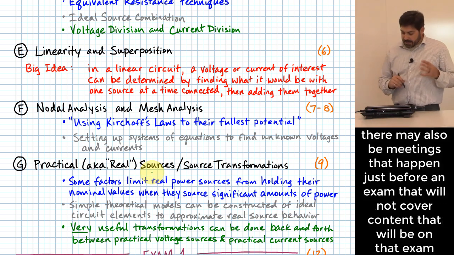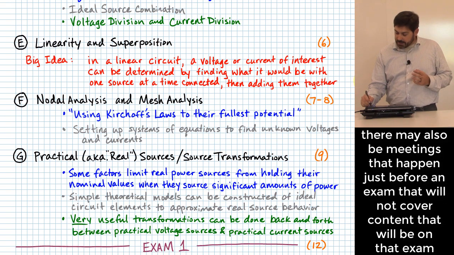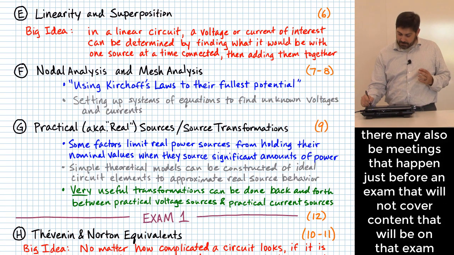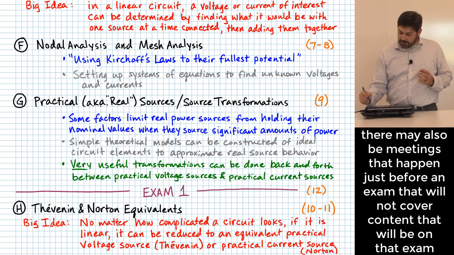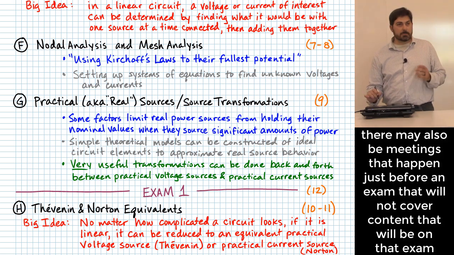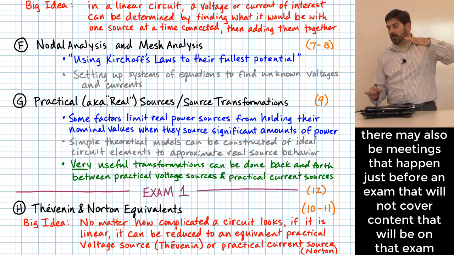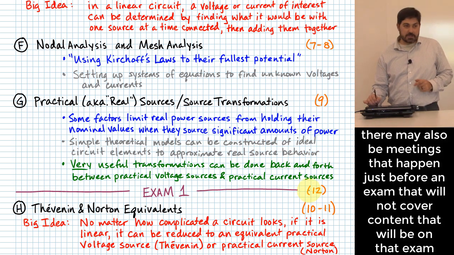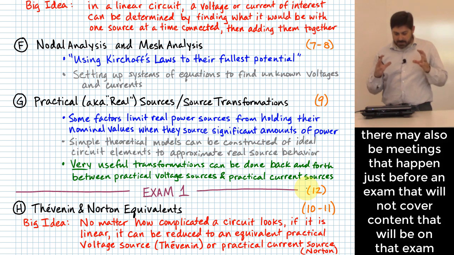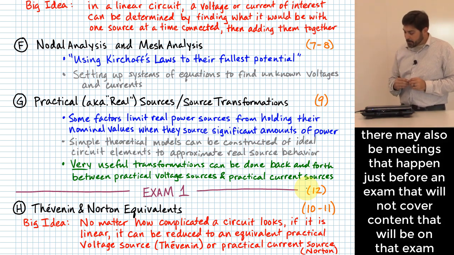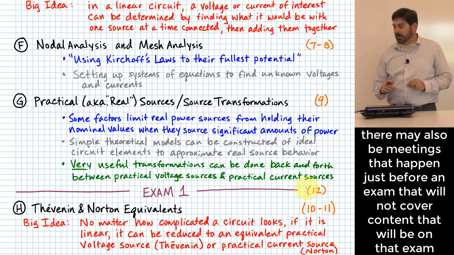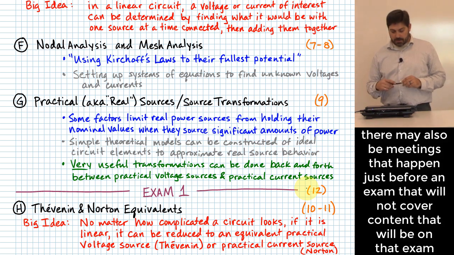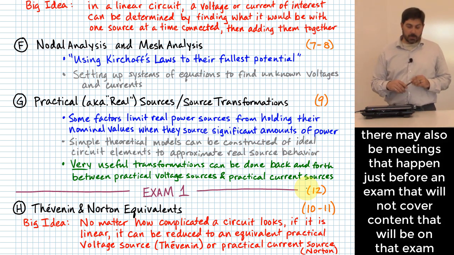Even though it's the last one before exam 1, you'll notice that in this implementation of the course that you're taking, we usually space out from the last topic we cover, usually giving a couple of days or at least a day before we have you do the exam. So that's why I number exam 1 as 12 right here, right? That's going to happen actually after we cover a little bit of stuff about Norton and Thevenin equivalence, okay?